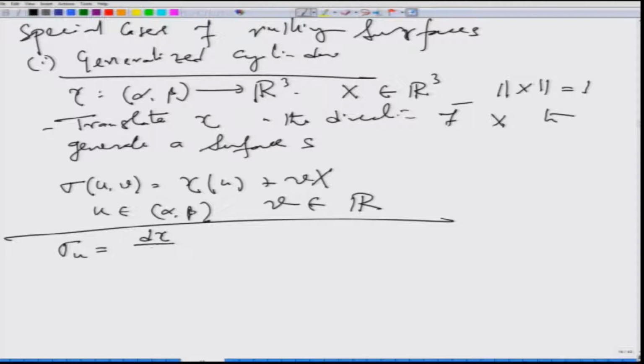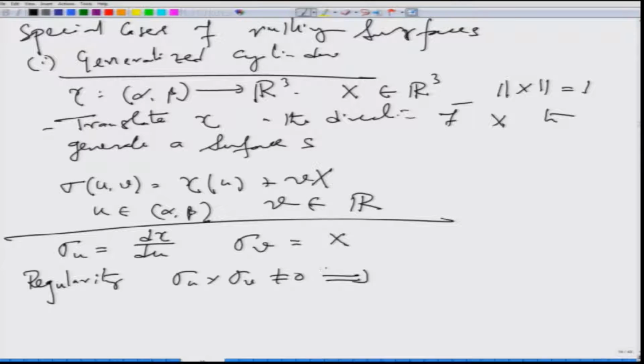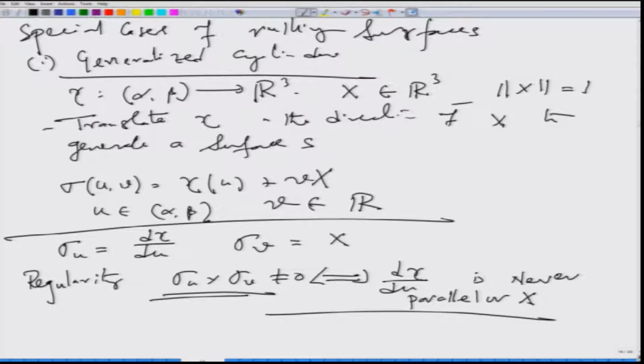It is d gamma du, and sigma v is just x. So, for regularity, that is sigma v not equal to 0, I must have d gamma du never parallel to x, then I will have a cross product as a non-zero vector.